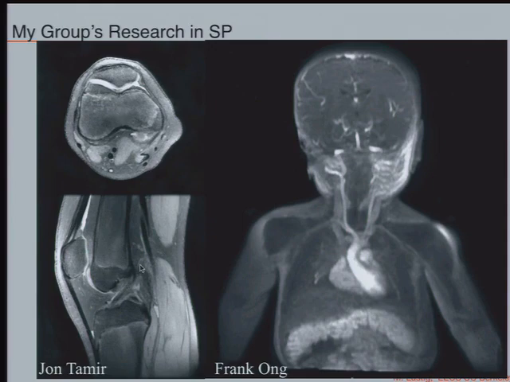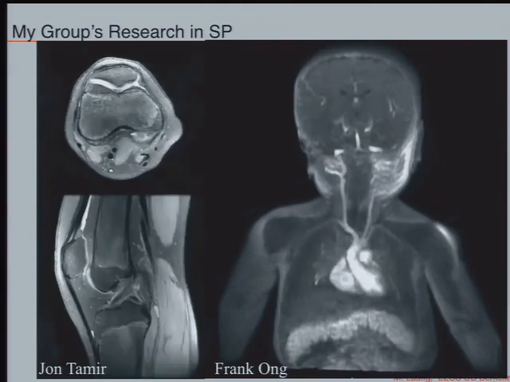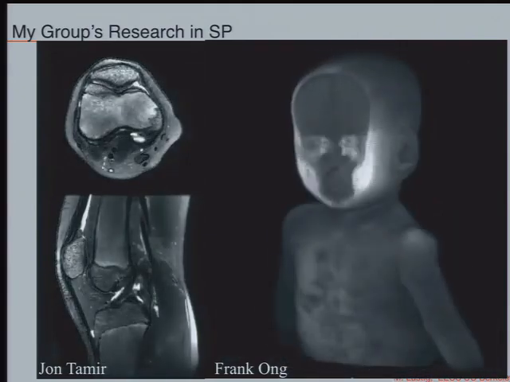This is a sagittal cross section through a knee, and this is a coronal cross section through a whole body of a pediatric patient. It's been injected with contrast agent, and while the patient is breathing, we want to see how the contrast moves within the body. Normally you're used to seeing stills, right? But with computational MRI and the way we acquire data, you can actually get those amazing videos.